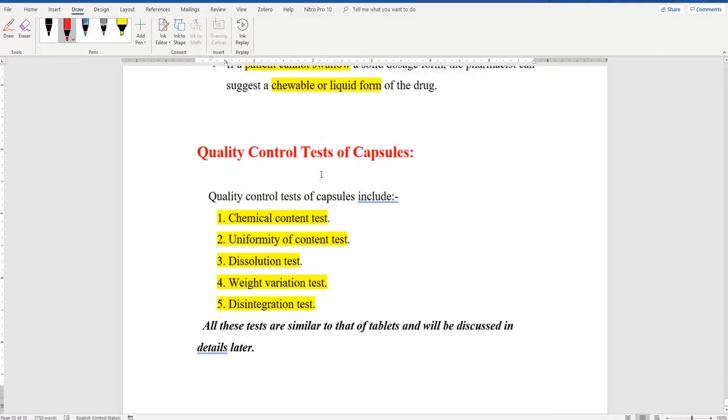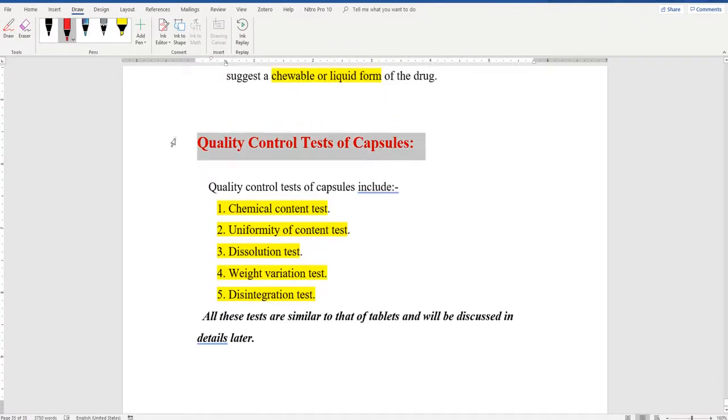Okay, the last thing I want to talk about is quality control tests for capsules. Now I will only very briefly describe the tests. Why do I want to describe them very briefly? Because I will talk about them more in tablets.